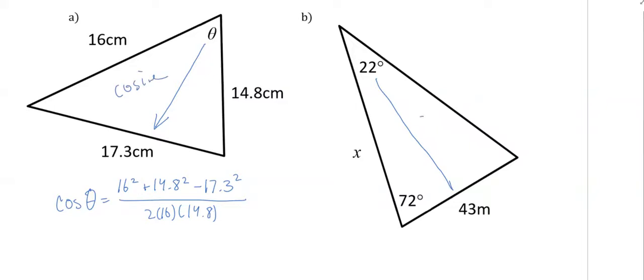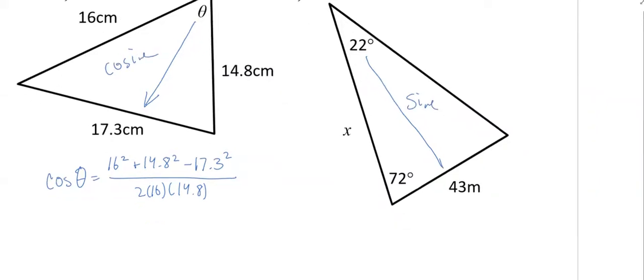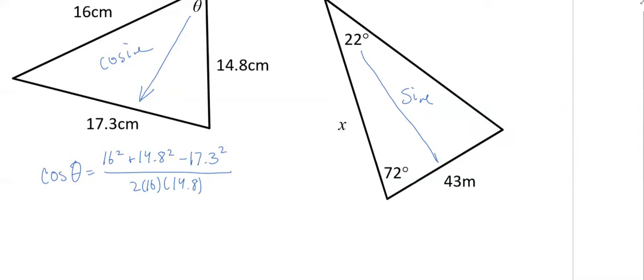Cosine, sine. Okay, this is the tricky one, where I'm looking for x and I don't have the angle across from it, but I can find that by going 180 minus 22 minus 72, and that gives you 86. So this is 86, and that's the number that I want to use.